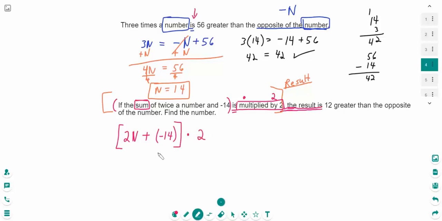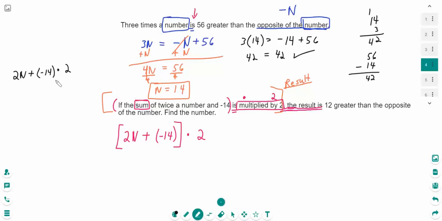All right? So hopefully you understand that. That's very different than saying 2n plus a negative 14, which is what we had. I'm just copying this down again. And if I were to just multiply that by 2, do you see how this would be incorrect? Because now I'm taking just the negative 14 and multiplying it by 2.